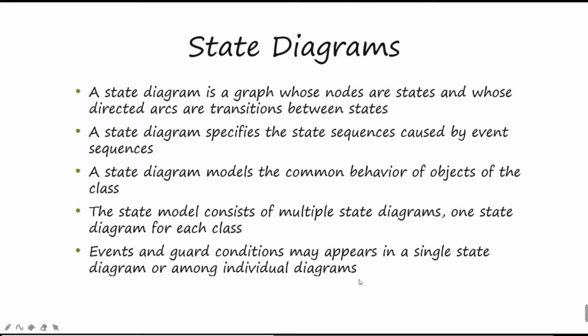Because we have different diagrams for multiple classes, there may be transitions among different diagrams. Although different classes are modeled separately, there are relationships among them, so there may be state transitions among them.